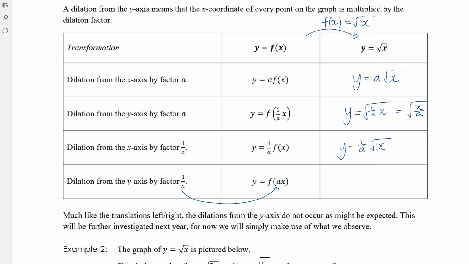Okay, so it's the reciprocal when we're dilating from the y-axis. So in this case, that would be y equals square root of ax. So if we have square root of 2x, that is a dilation by a factor of half from the y-axis. It gets squashed in towards the y-axis.